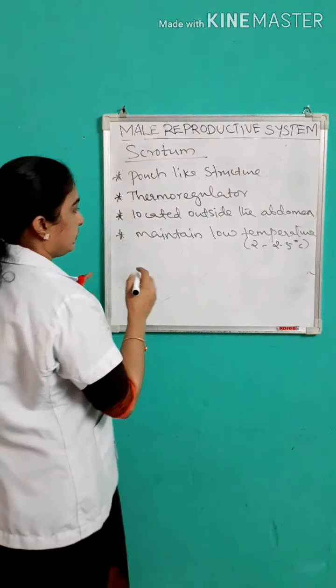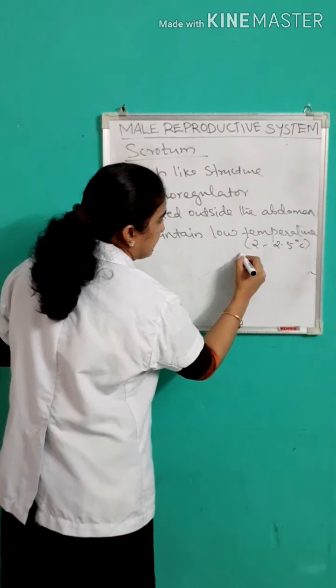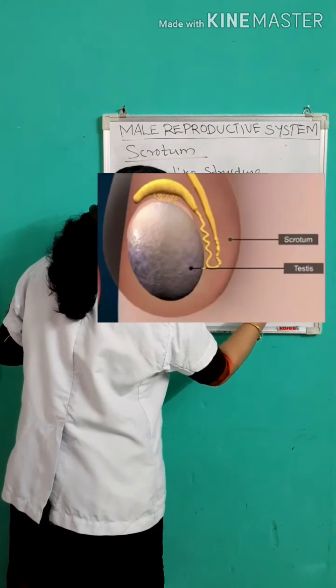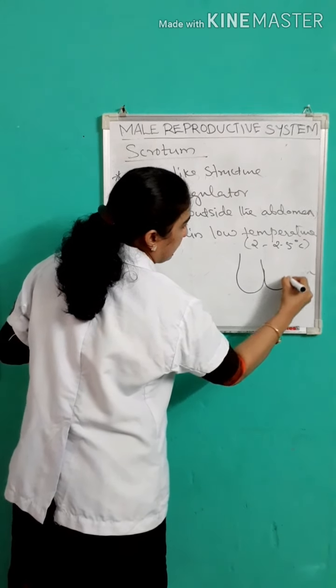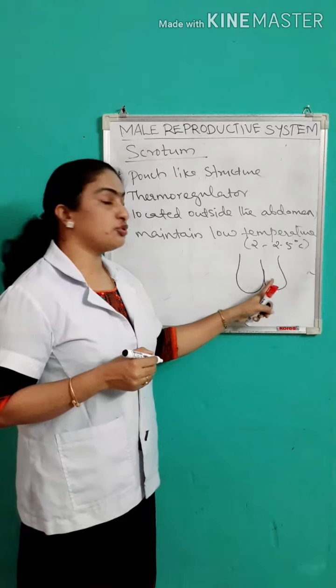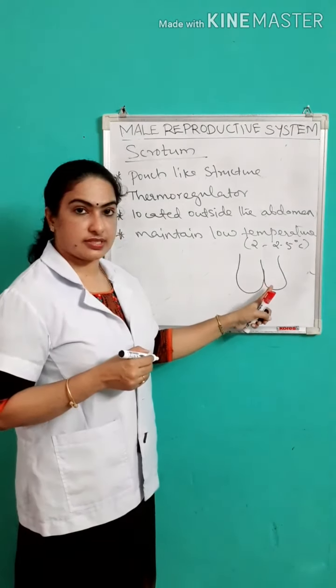And now we can see the testis, a rough diagram. Suppose, this is the two sacs or pouches.